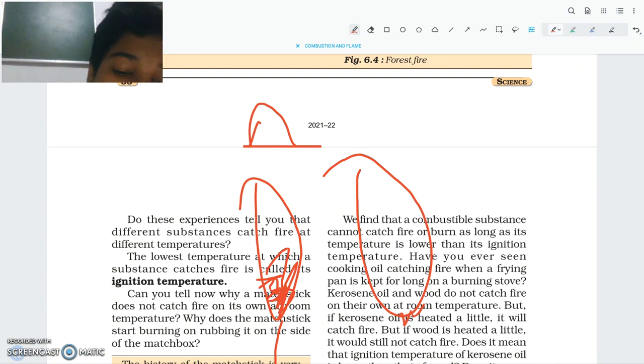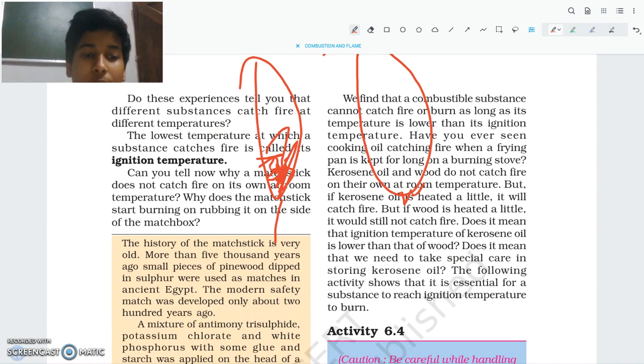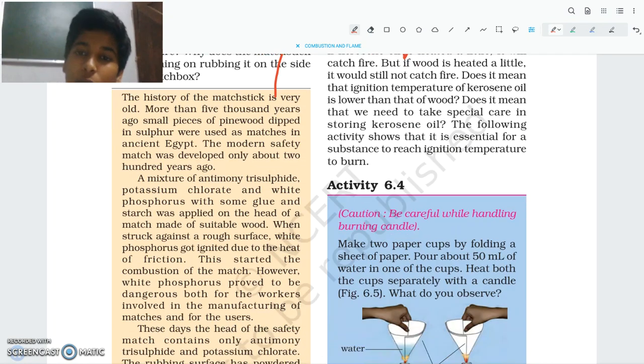The balloon gets heated but transfers that heat by conduction to the water, and only after the water reaches its ignition temperature could the balloon burst, and that takes time.